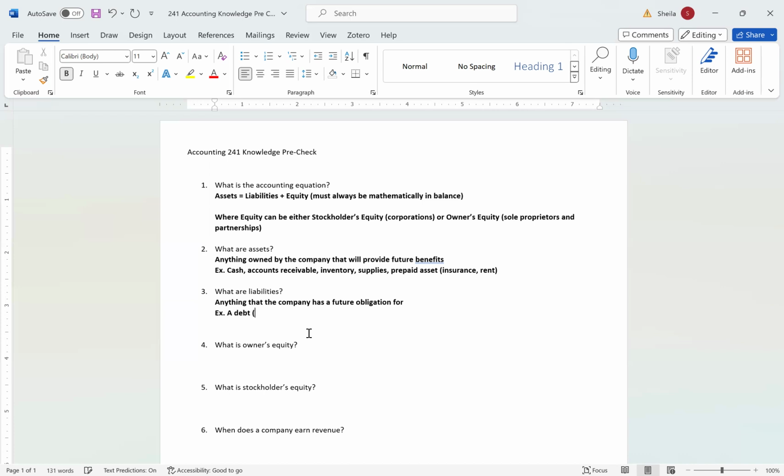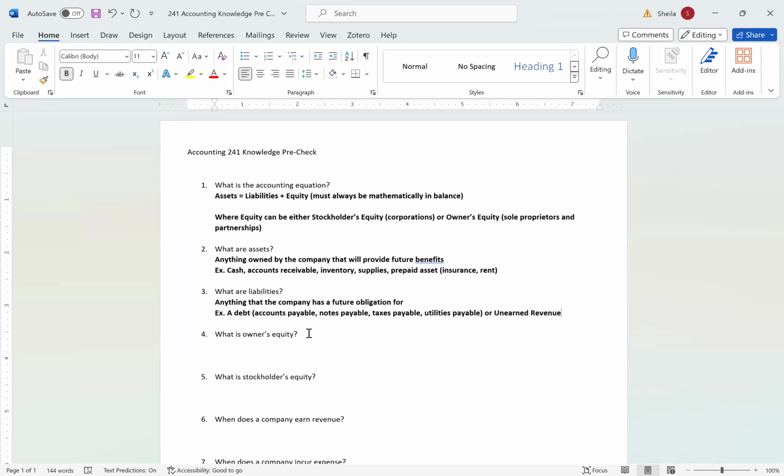So this can be accounts payable, notes payable, which are loans, taxes payable, utilities payable, or it could be simply something called unearned revenue. This is revenue received in advance, and this is something that we have to earn over some period in the future.